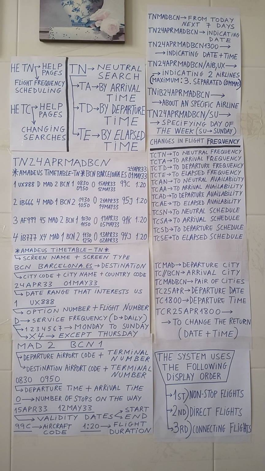TC25APR is used to change a search that has been done previously so that the new search is now dated April 25.